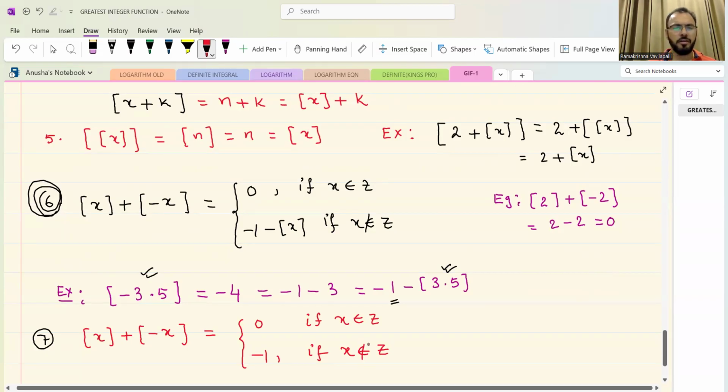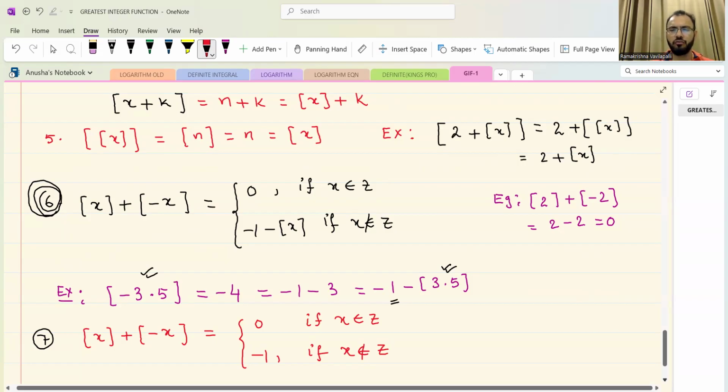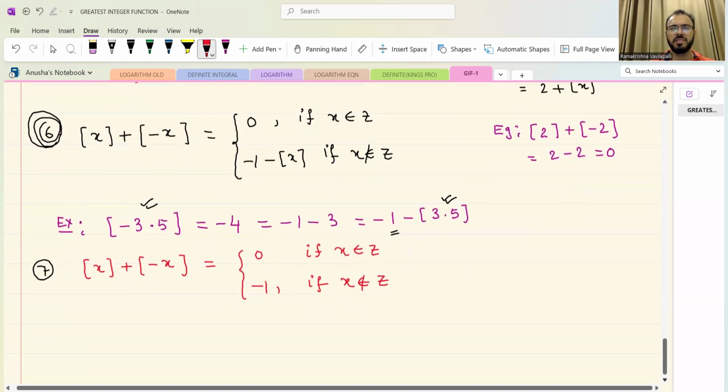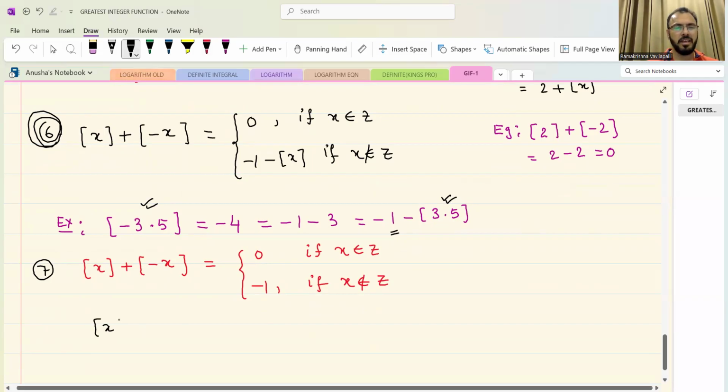Do you want to prove it? Yes, we can prove it. It won't take much time and it's not at all difficult. Everything depends upon only basics of inequalities. Like you see, integral part of x equal to n.